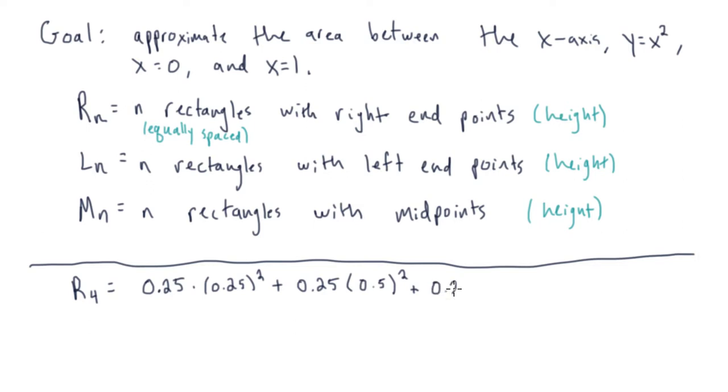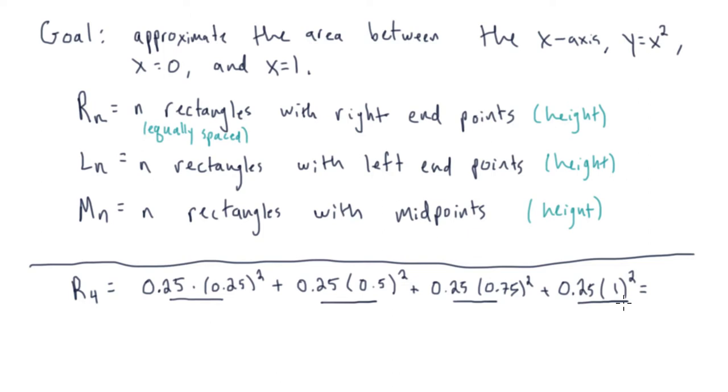And then I have the third rectangle, and then the last rectangle. So this is just rectangle 1, rectangle 2, rectangle 3, rectangle 4 in that last picture that we saw. So that was an illustration of R4. And so what do we get here?